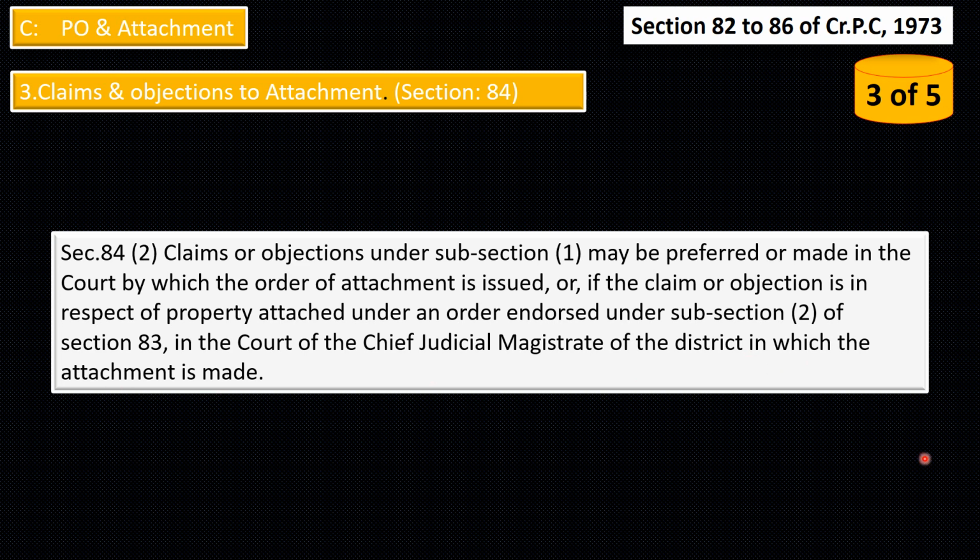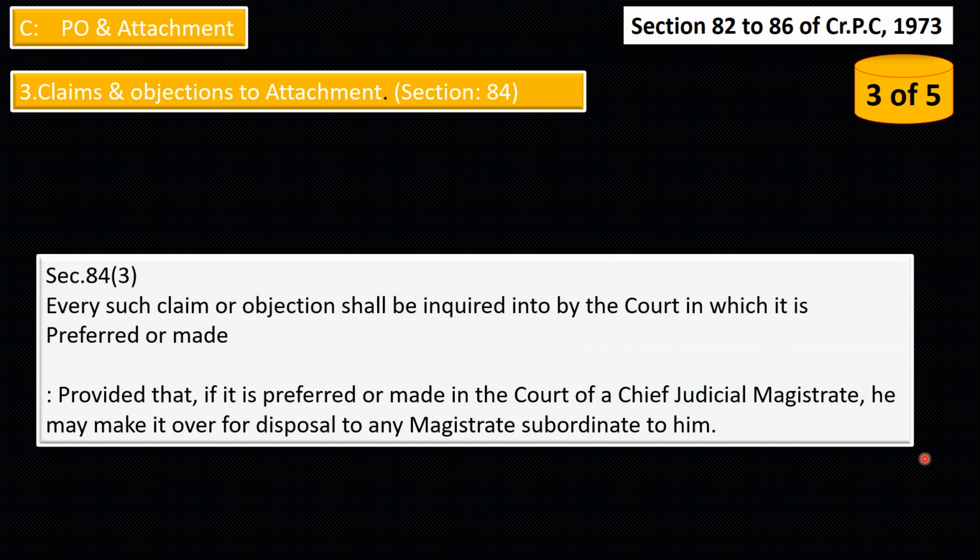So basically it is informing us that where a person has to make a claim, he has to make the claim in the court which has ordered such attachment, or in the chief judicial magistrate's court of that district.